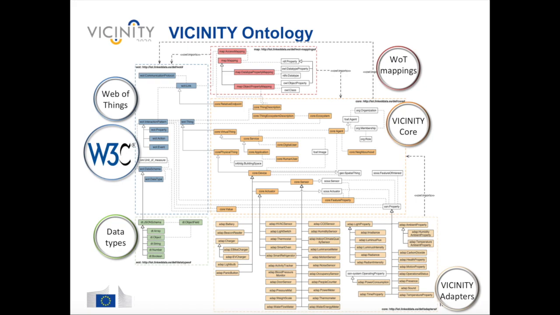Then the core, it's the heart of our ontology and allows to connect the different sub-ontologies that we are seeing here. Then we have the adapters ontology that specifies in very high detail the type of devices we can have. And finally, we have the WoT mappings, which are used to translate data from JSON to RDF on the fly.